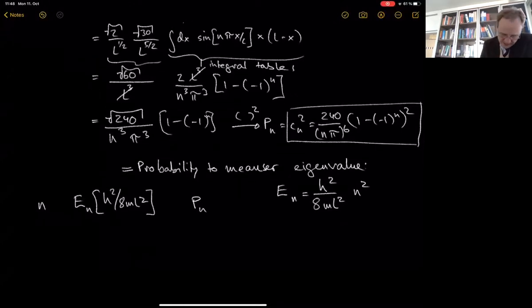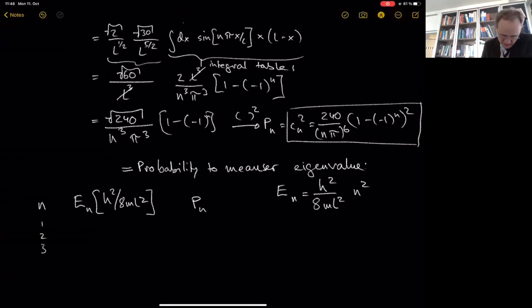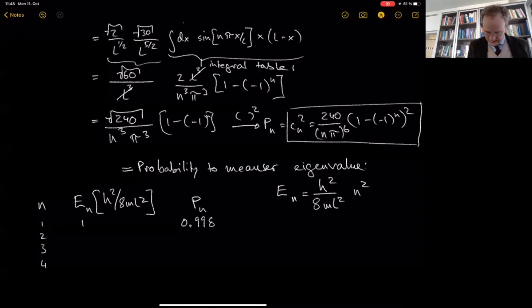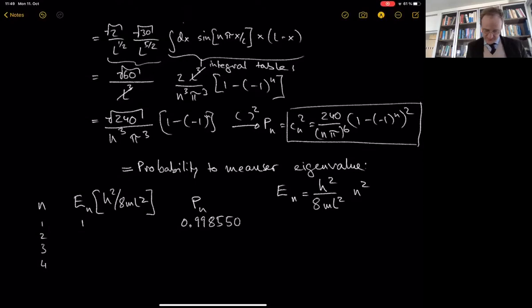So this column is easy. 1, 2, 3. How far do we want to go? 5. Well, let's see. So let's go for the first energy. Okay. So we plug this in, and if you put n equals 1, and you calculate this 240 over pi to the 6, what you get in terms of probability is 0.998550. Okay.